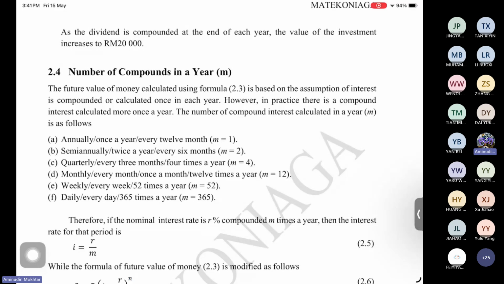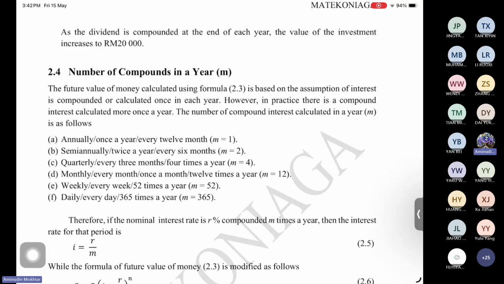But in practice, there is compound interest that is calculated more than once per year. The number of compounds is how many times the interest rate is calculated in 1 year.